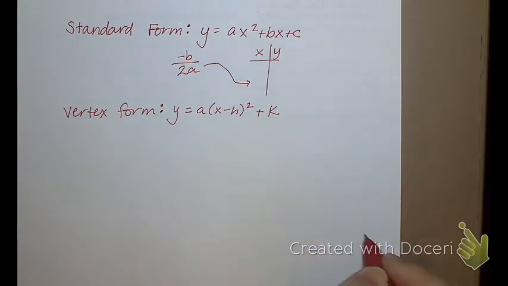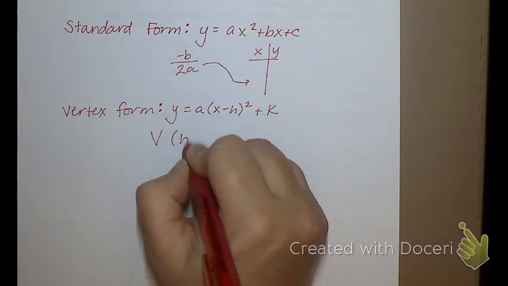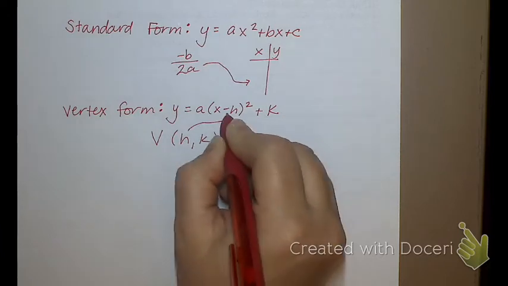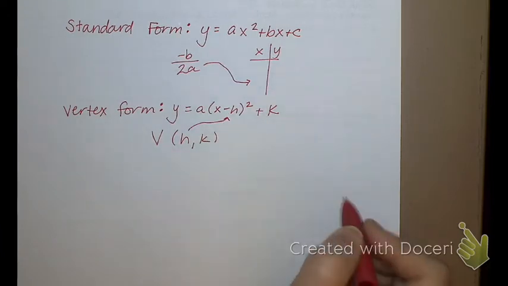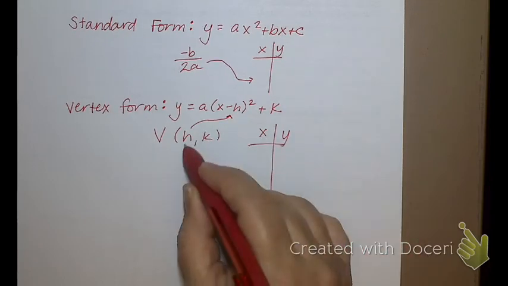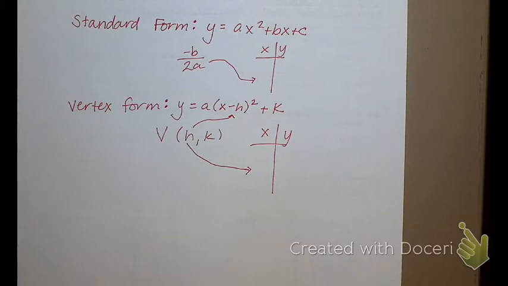And from here you get your vertex (h, k), keeping in mind that h is the opposite sign of whatever it is in the formula. And once you find that, that's what goes in the middle, and you fill in your values around and do the same thing as before. Capiche? Again, note card.